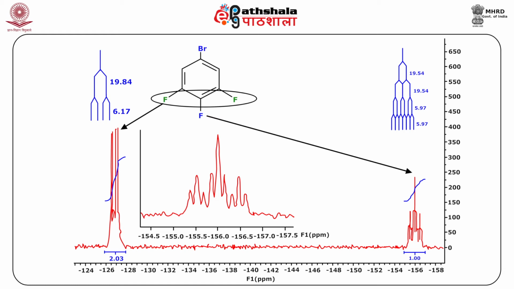Therefore, the signal due to this fluorine appears as a triplet of triplets. Now you can clearly see the signals as I have described in this particular figure, where you can see the 19F spectrum of 1-bromo-3,4,5-trifluorobenzene. You can clearly see the splitting and you can demarcate which proton and which coupling it is.